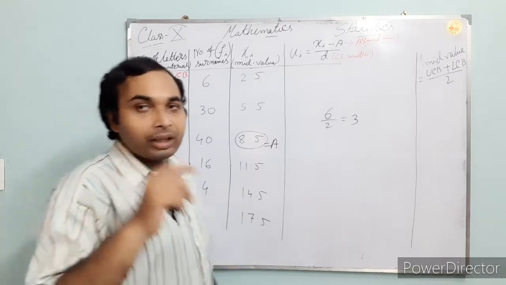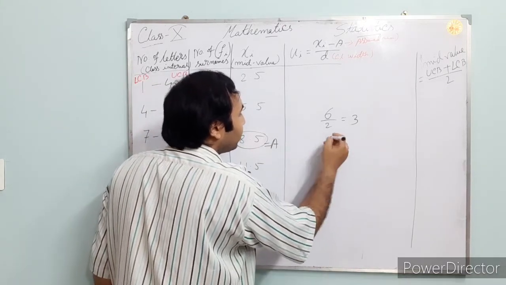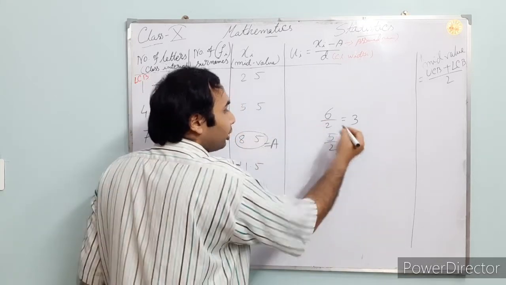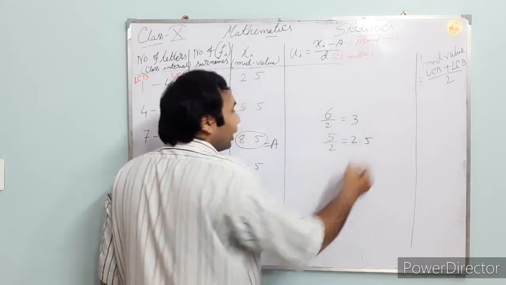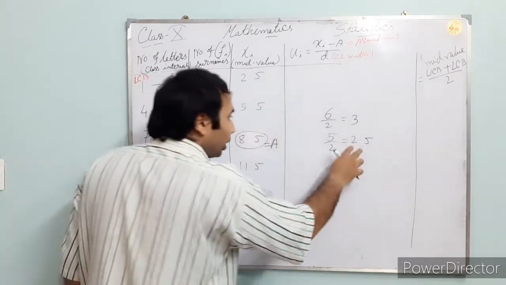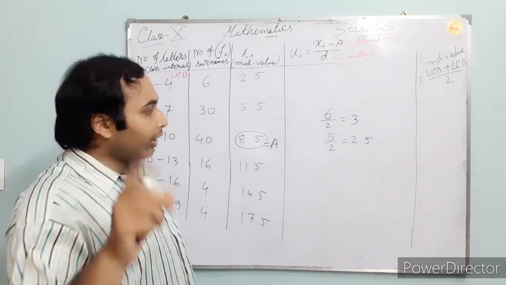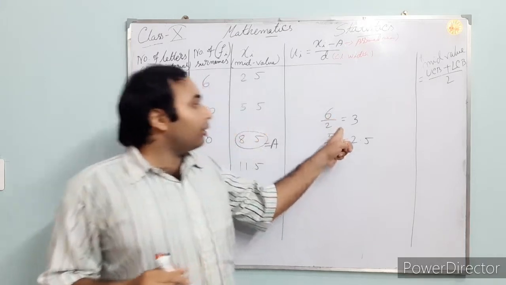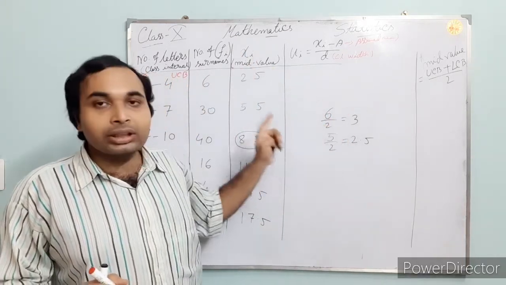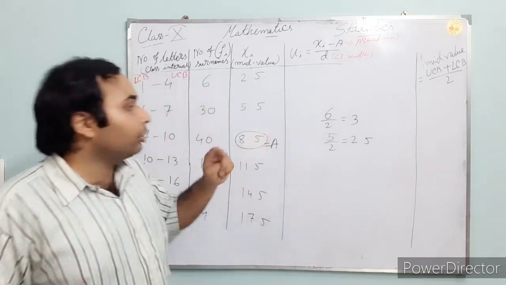But if an odd number is there, suppose it is 7 by 2 or 5 by 2, obviously it will not come as an integer, it will come in decimal format, 2.5 or 3.5 like that. So if 2.5 is coming, you have to take the next integer position. I repeat, if an even number of rows are there, directly divide by 2, and whatever number comes, that position, that row you take as A, that mid value.